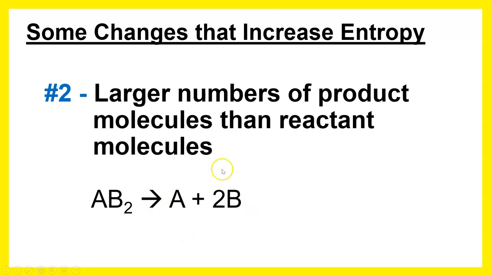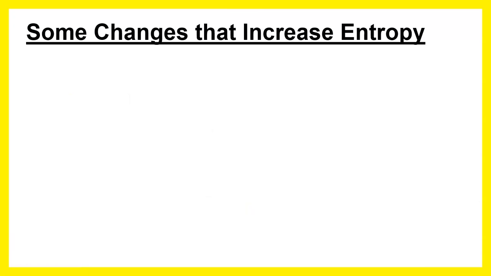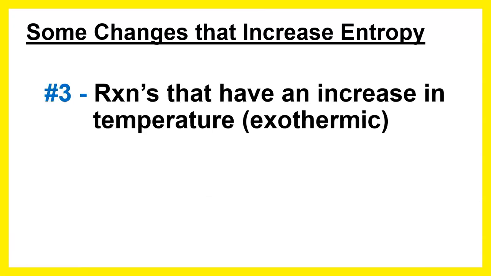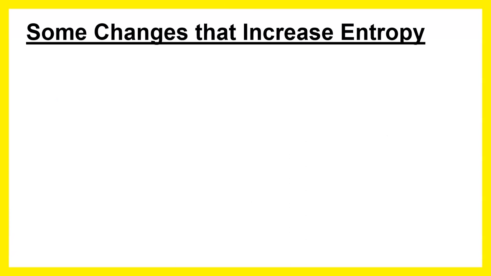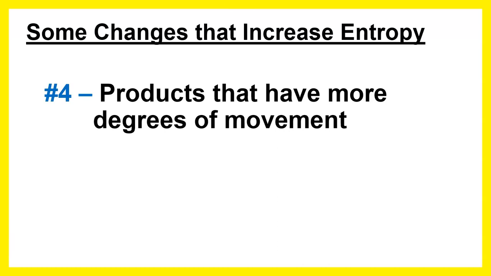A lot more ways we can make arrangements over here. Increasing that temperature. Now everything's moving faster, right? A lot more ways to spread out, a lot more arrangements. Having more degrees of movement.